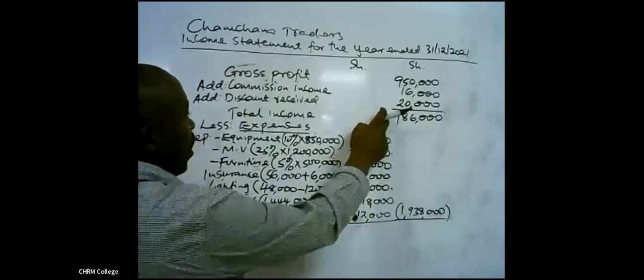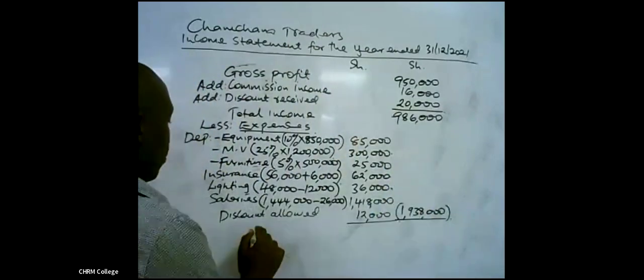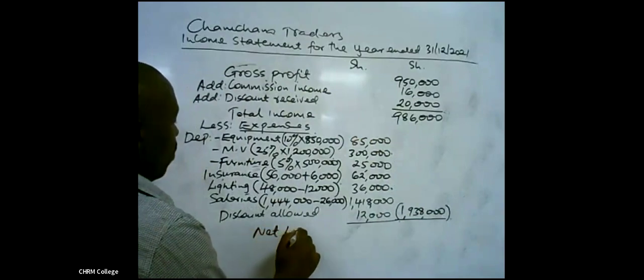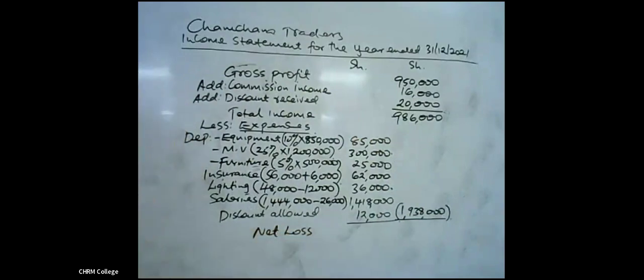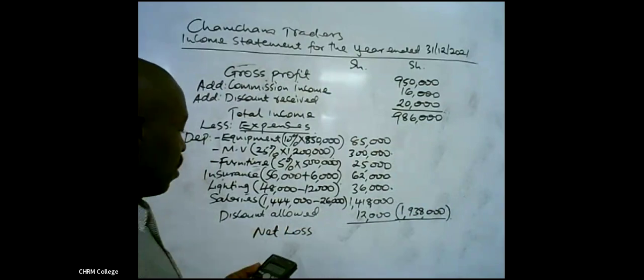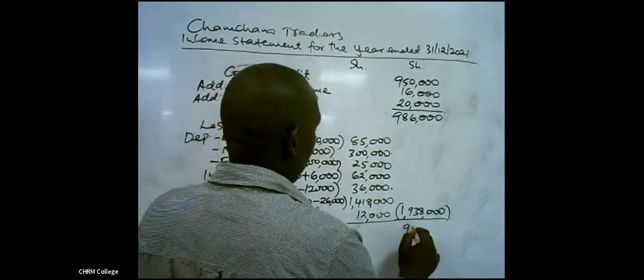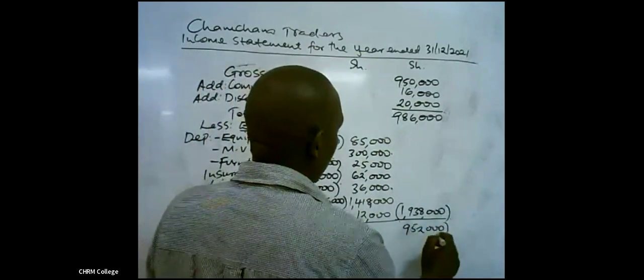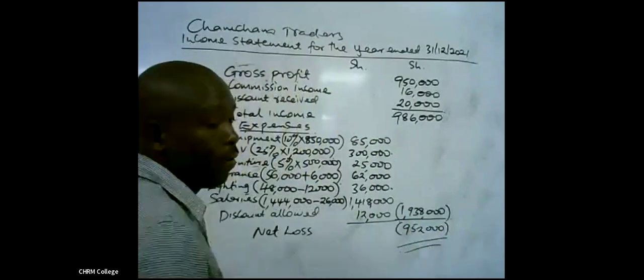So the income is less than the expenses. So this business incurred a net loss of $952,000. The net loss of $952,000.